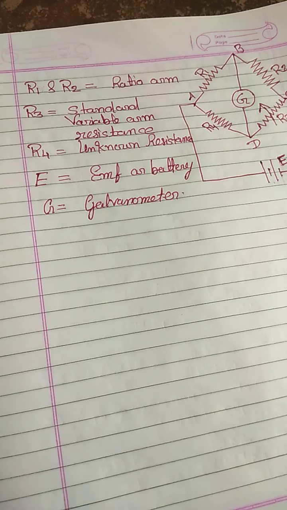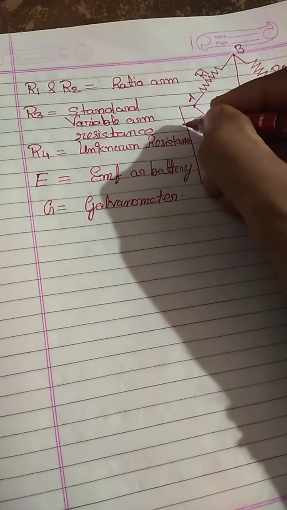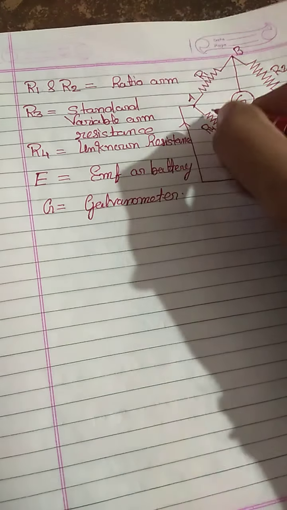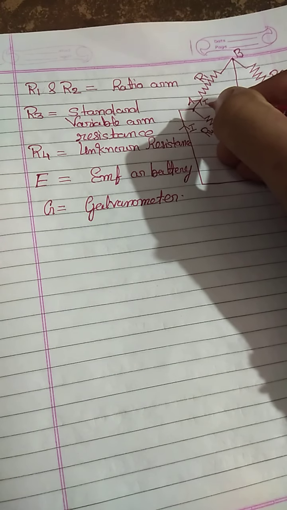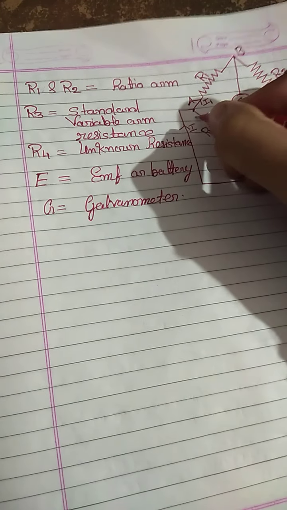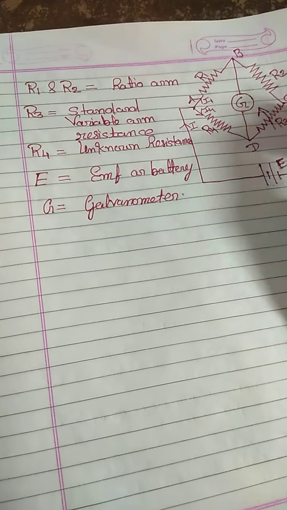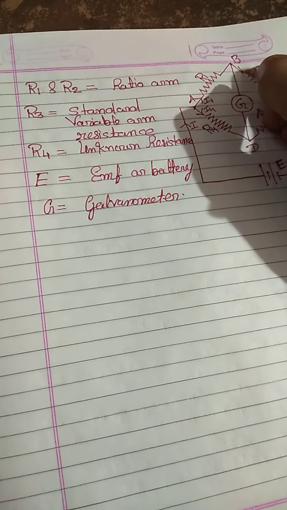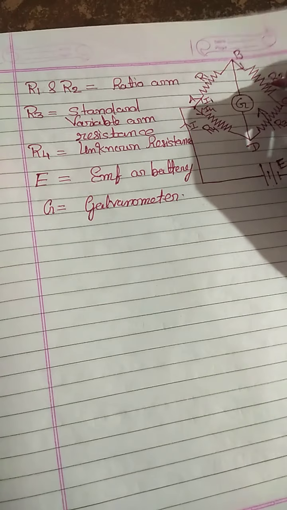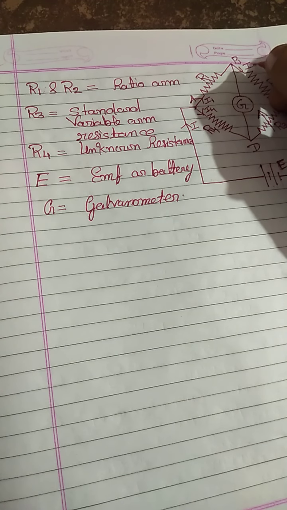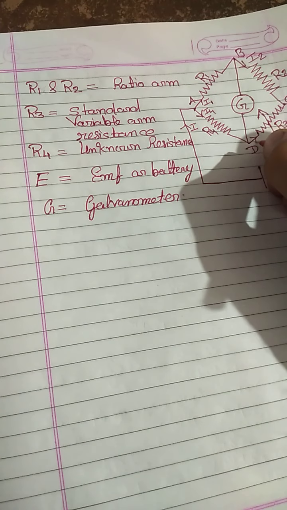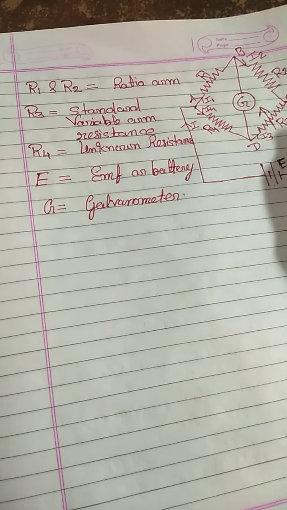Suppose you give the supply to this bridge, so the current I will flow. Then I is further divided, that is I1. This is considered arm 4, so I4. The same current will flow through this because R1 and R2 are connected in series, so I2, and this one will be I3.